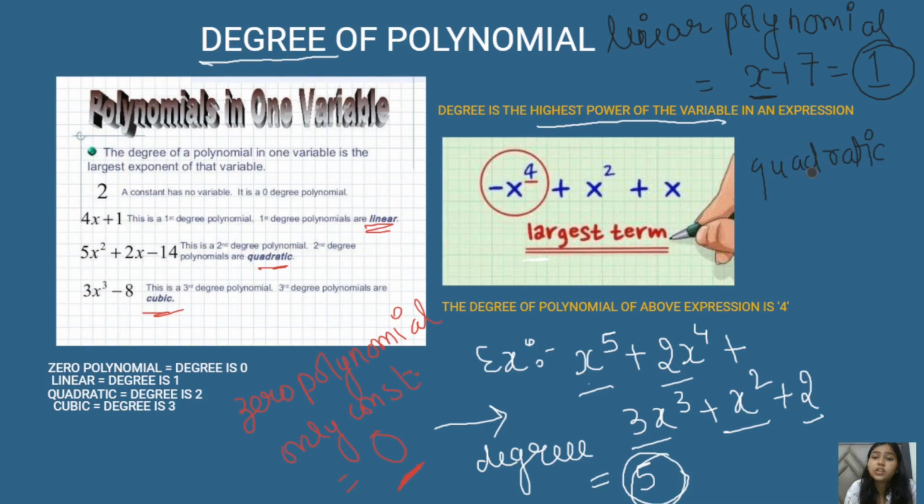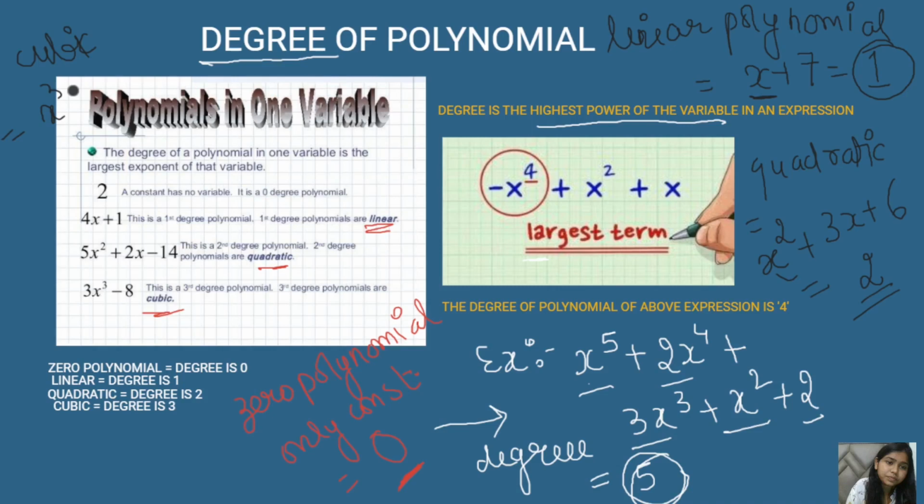That is why quadratic polynomial can be written like this. So in this case, the highest degree of x is 2. That is why the degree of this quadratic polynomial is also 2. Now let's have a look on the cubic one. So in the case of cubic, I have told you that the highest power of the x is 3.